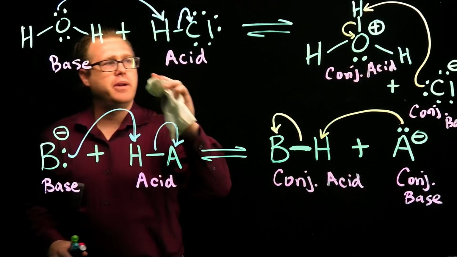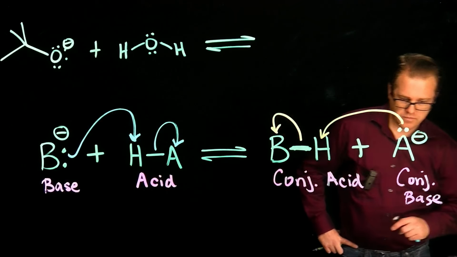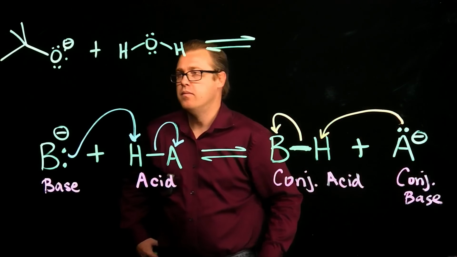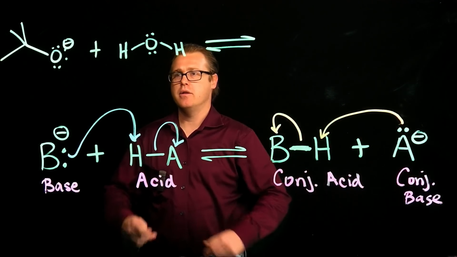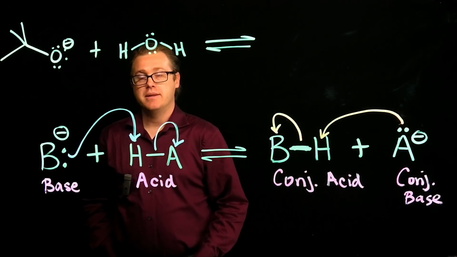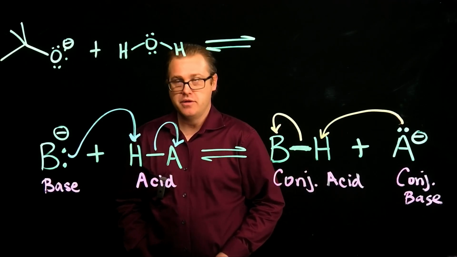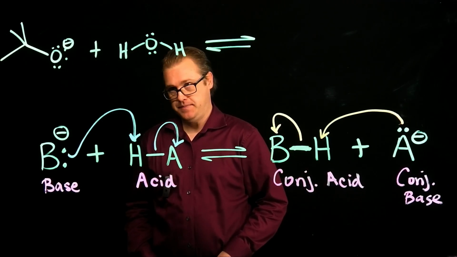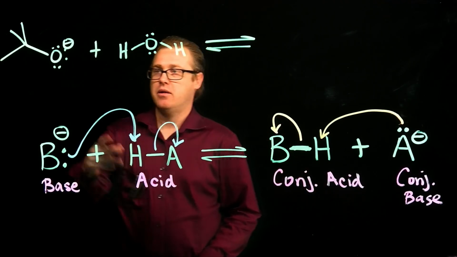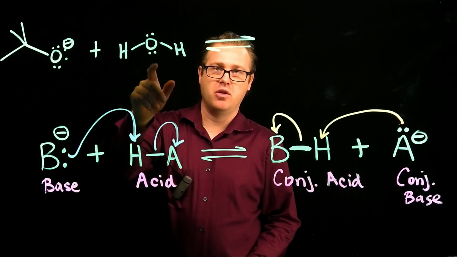So I'm going to erase that top one. When we take a look at this reaction up top, and I tell you it's an acid-base reaction, obviously your job is to figure out which is the acid and which is the base. When we take a look, we see an oxygen with a negative charge and an oxygen with lone pairs.